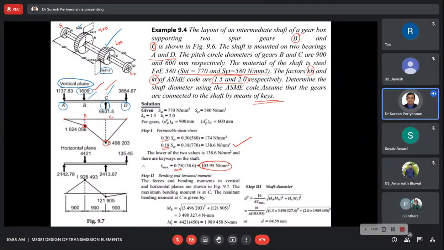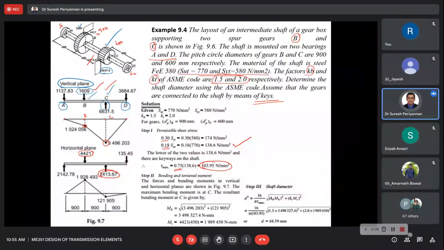Similarly, you take the horizontal load. The horizontal load given here is 4,421 Newton. And here in gear 2, where gear C is located at point C, 2,413 Newton is the given load, in the upward direction.